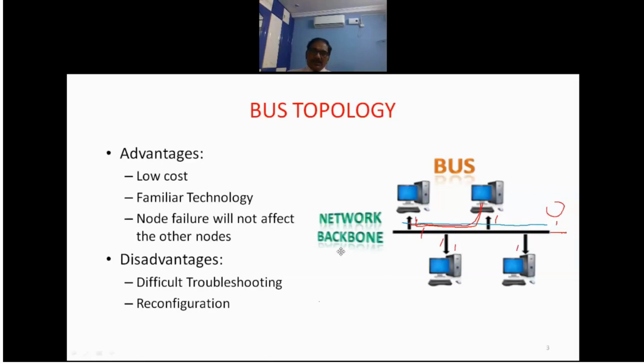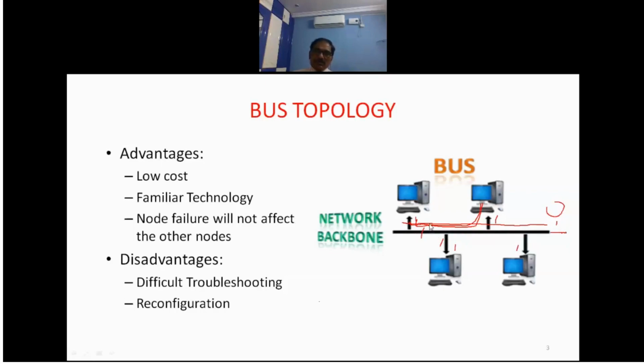And another thing is, at this particular end, if any signal is reaching this dead end, the signal will be reflected back. That reflected signal may collide with the next signal that is coming in this direction. As a result, the information will be lost.